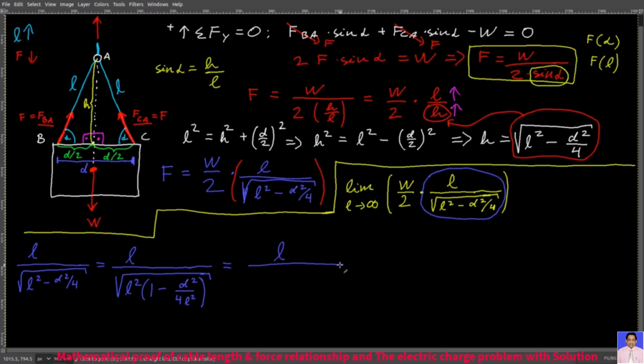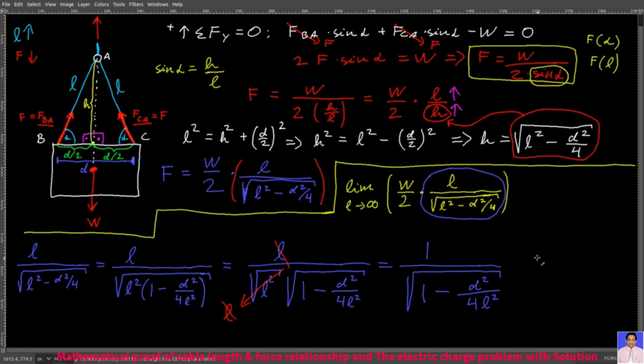And so I can rewrite this equation like this. L over square root of L squared, and then square root of this one. So this here becomes L, and so I can cancel them out, and so I'm left with this expression here. And so now I'm going to take this expression and put it here instead of this one.